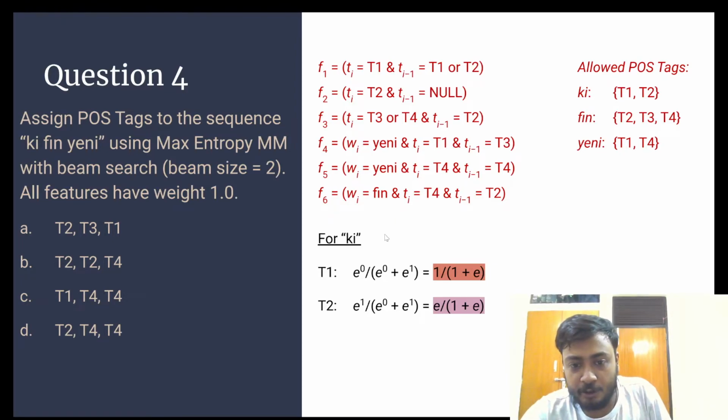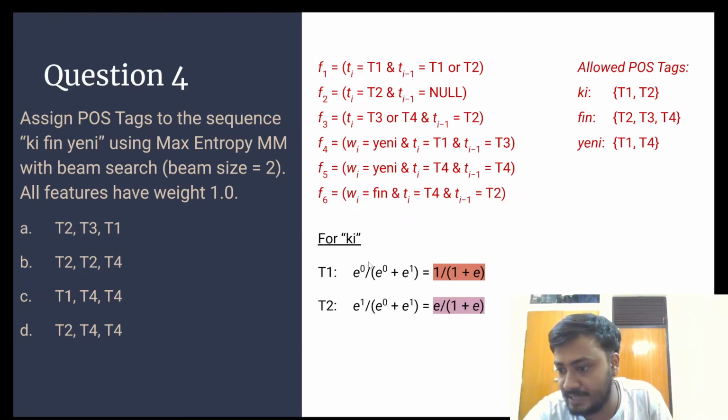Okay. So there are three features where you do not have the W's. It only depends on the current tag and the previous tag. The tag we are considering currently is T1. There is only one feature which is considering Ti equal to T1, where Ti minus 1 is T1 or T2. Now in this case there is no Ti minus 1.